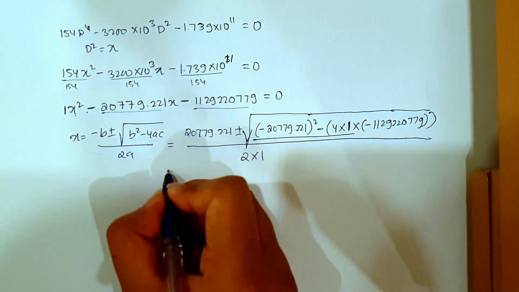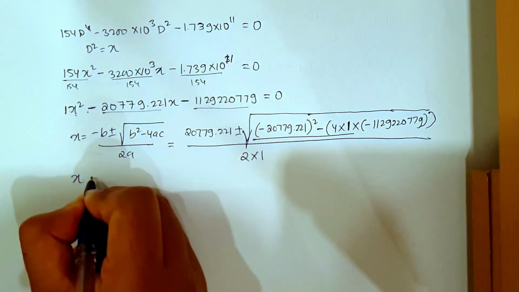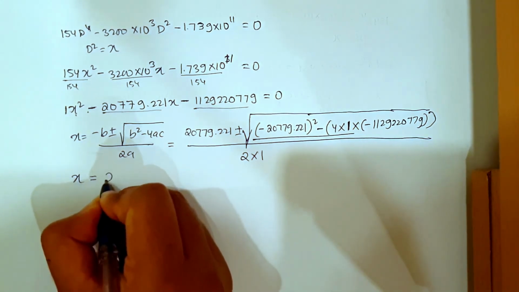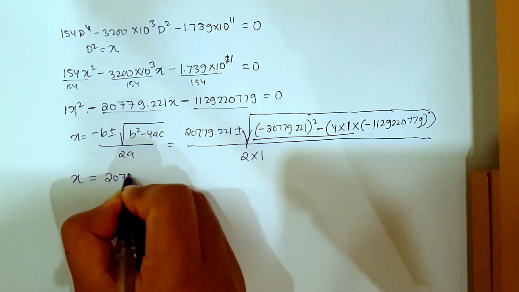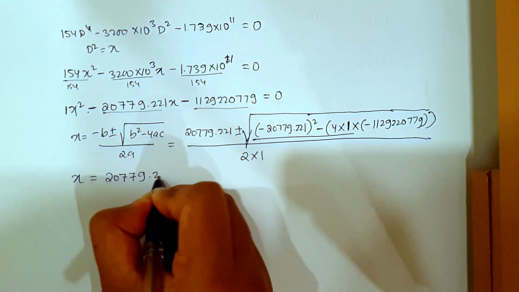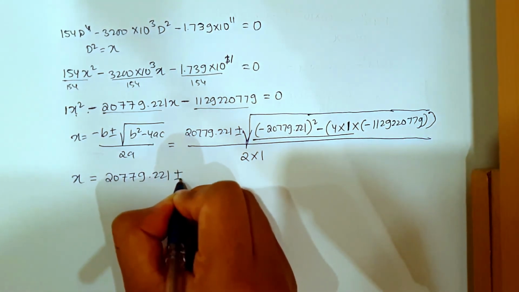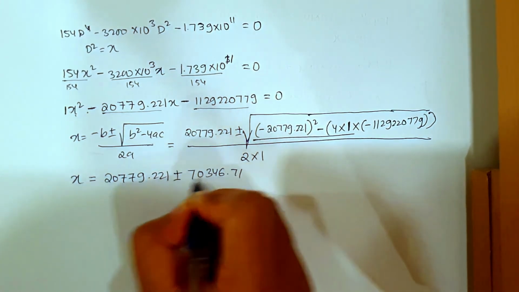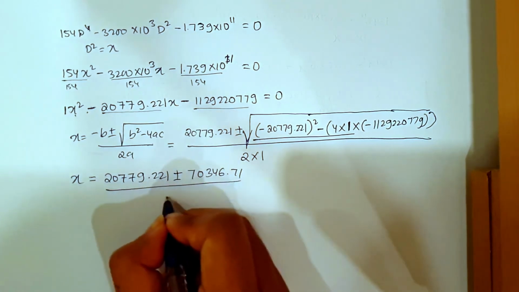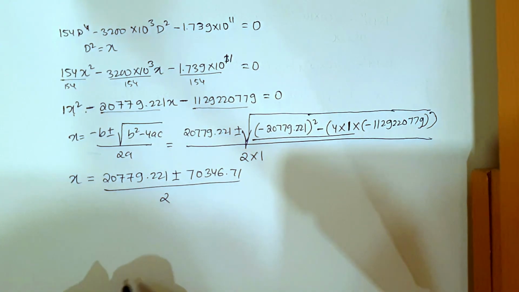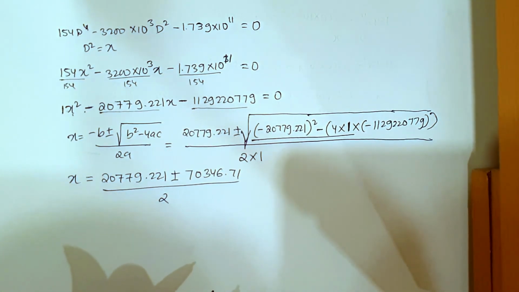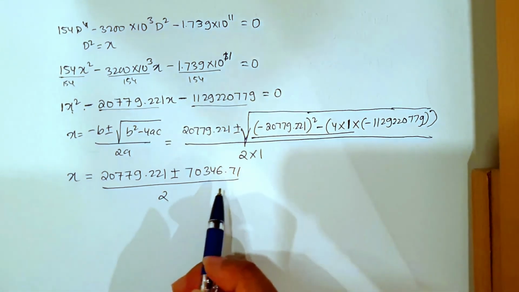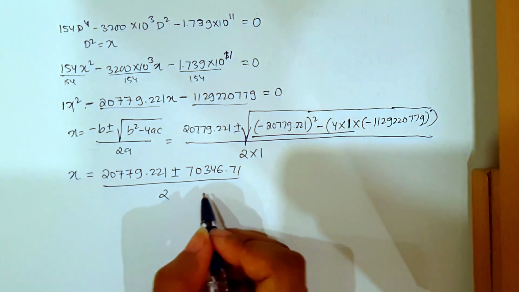Okay, so from here you will get this value, x will be coming equal to 20779.221 plus minus 70346.71 divided by 2. Okay, now you will get two values here. We'll be getting two values.